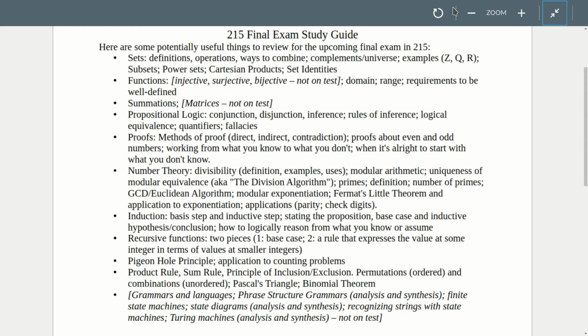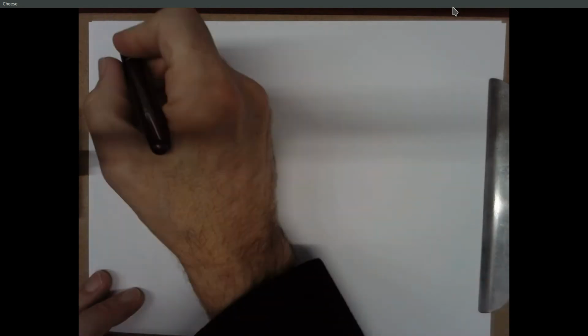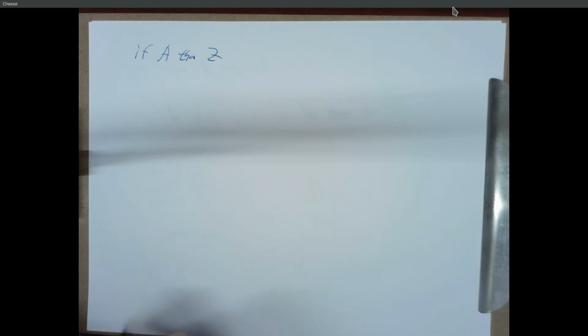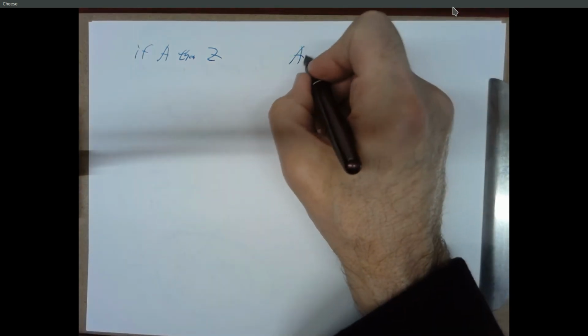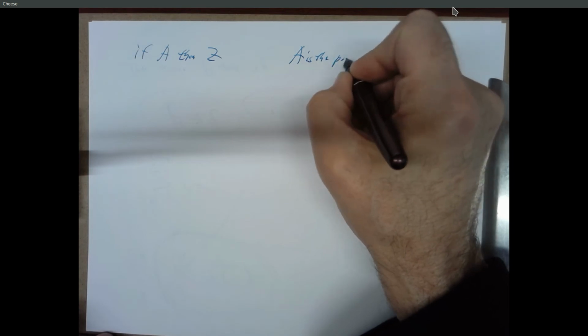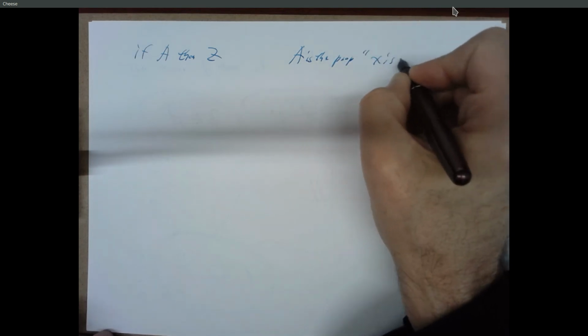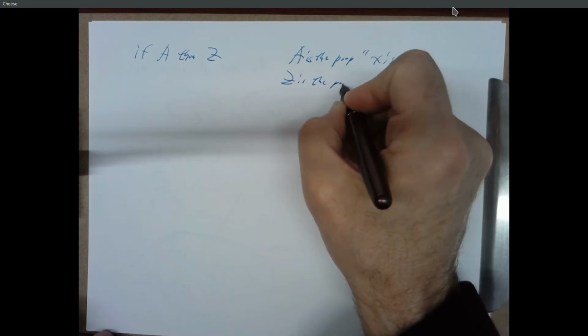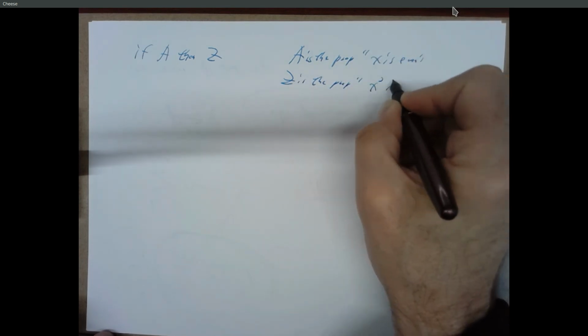And we can prove an implication by saying, we want to prove if A, then Z, where maybe A is the proposition X is even, and Z is the proposition X squared is even.